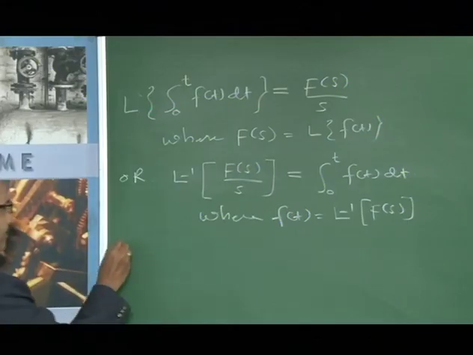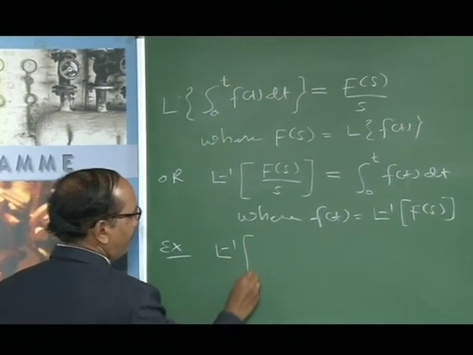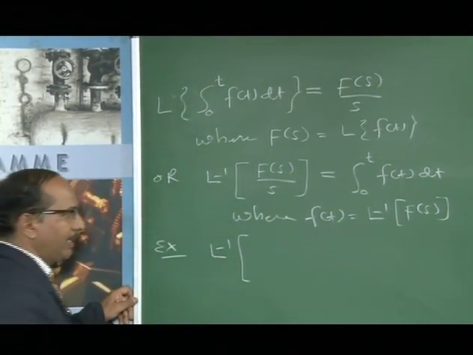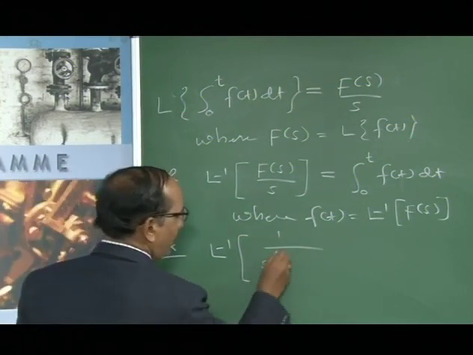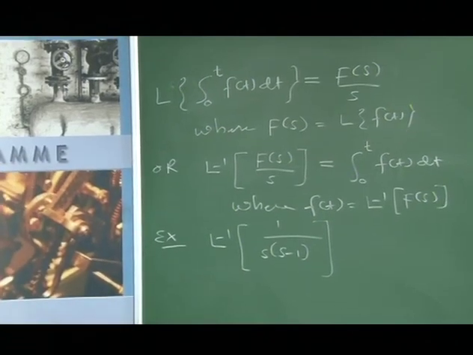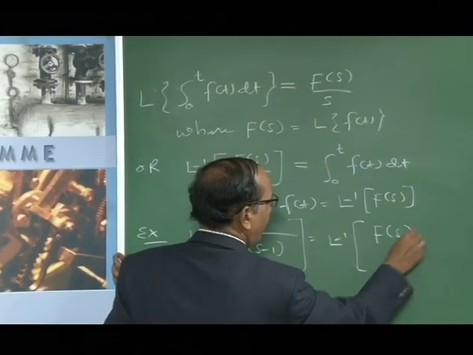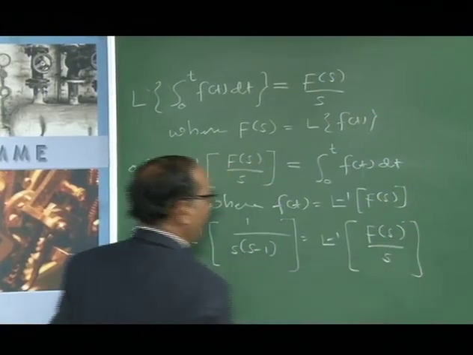Take for example L inverse of 1 divided by s into s minus 1. Here we can separate what is F of s, and s is already there. This can be written as L inverse of F of s divided by s.